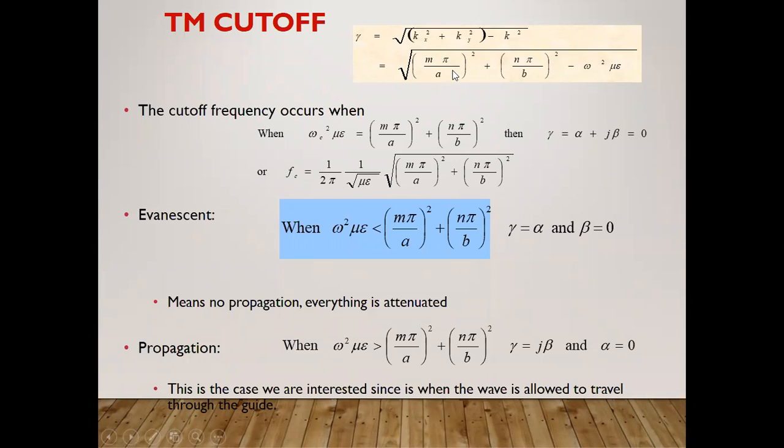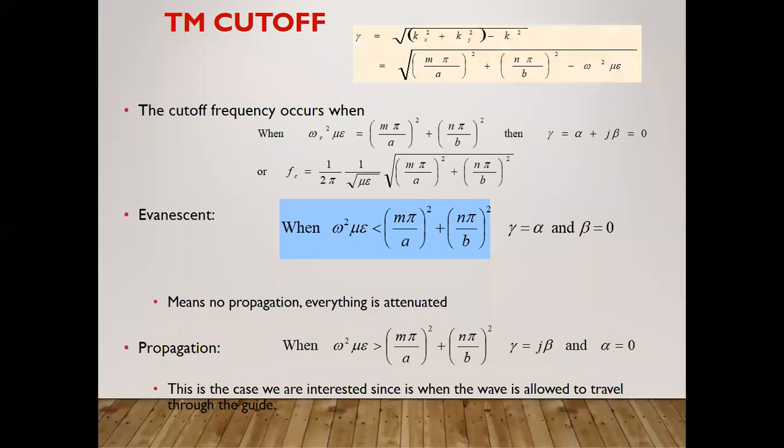How you can represent that propagation constant in another way is mentioned here. The one related to x is nothing but m pi by a, and the one related to the y coordinate is nothing but n pi by b. So both are squared, and k will be equal to omega square mu epsilon. What are mu and epsilon? If you're talking about permittivity and permeability for the reference point, that is mu 0 and epsilon 0.